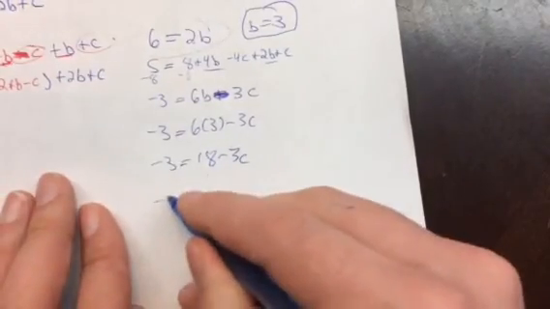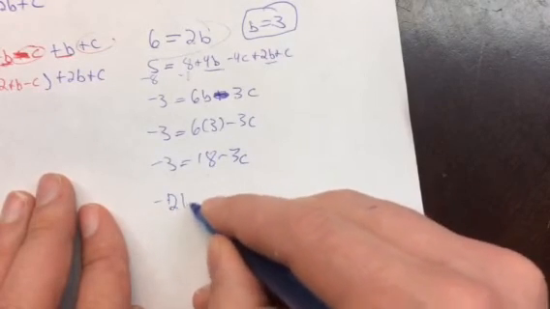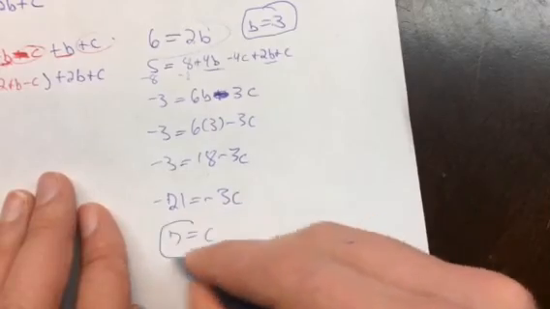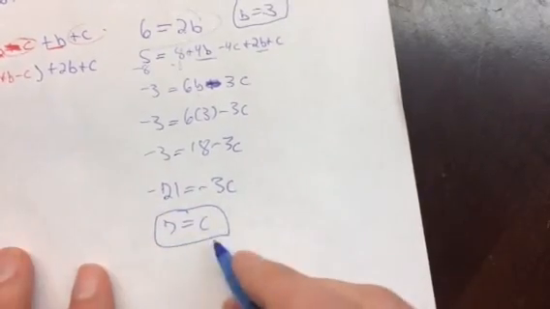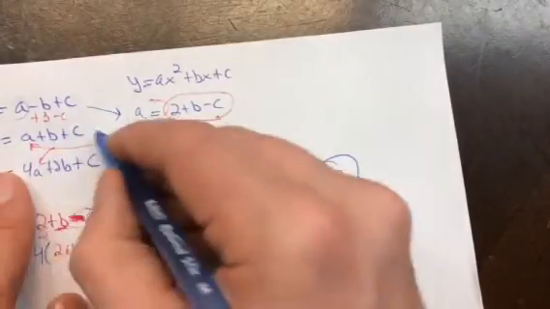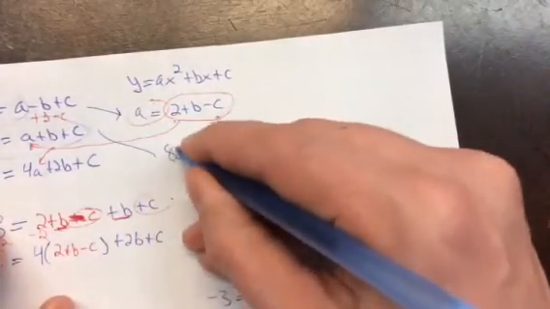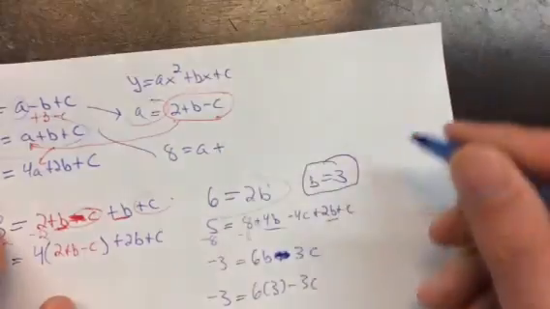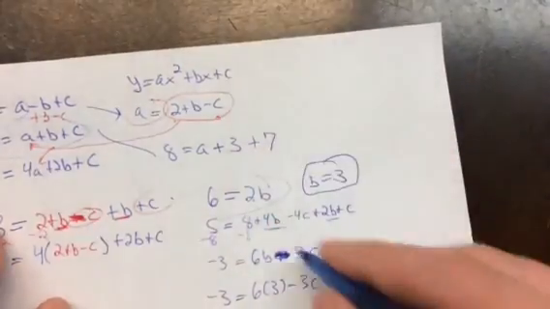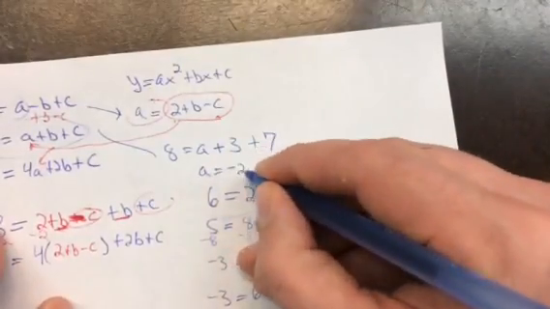Move this to the other side. Divide by negative 3. And now that I know what b and c are, I'm going to go find what a is. I'm going to use this middle equation. Looks pretty easy. 8 equals a plus b, which is 3, plus c, which is 7. So a is negative 2.